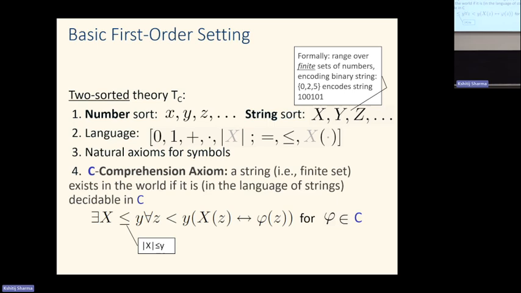It says that if phi is in the class C, AC0, then there exists a set X that defines precisely the following: phi(Z) is true if and only if the Zth bit of X is 1. This is just for those who like to see the somewhat concrete definition; it's not necessary to understand or remember this.